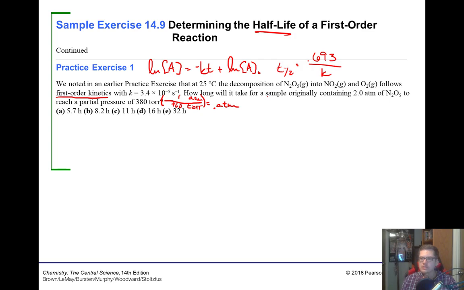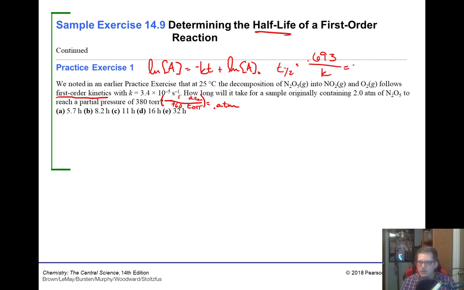So what we need to do is solve for the half-life of this guy here. Because it says how long will it take for this sample to go away. So we have the K value, so we can figure out what the half-life is.